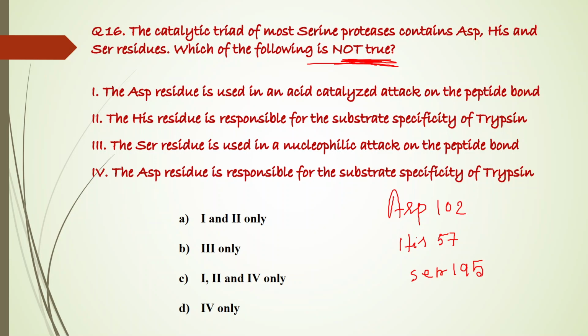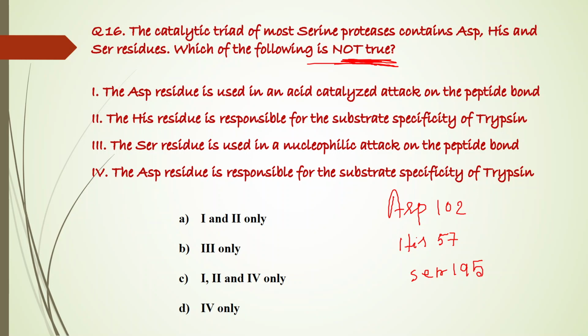Now if you do remember the mechanism of chymotrypsin, there aspartic acid only had one role, that is to fix the histidine in a particular position that is accurate for the entire enzyme to act. So basically aspartic acid fixes the position of histidine in a particular manner so that the following steps can take place.